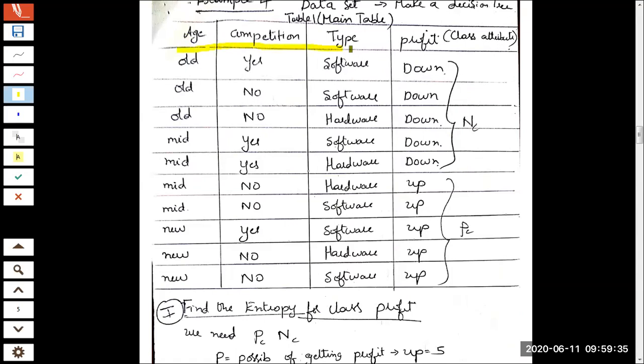Step 3. From the remaining attributes, you should find which attribute should be the root node, which attribute should be at level 1, which at level 2, and which attributes to discard. We are now in step 3. Among the available attributes, the attribute which contributes more to reducing the entropy will qualify to become the root node.